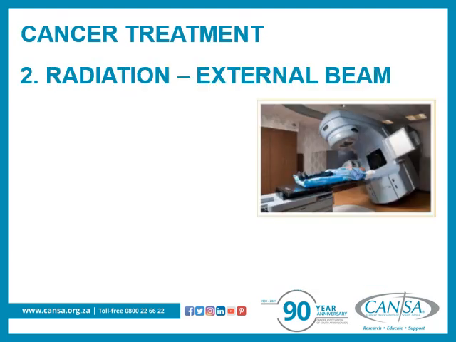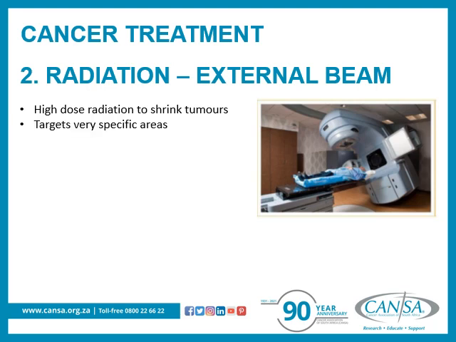The second type of treatment we will look at is called external beam radiation therapy. Now, radiation therapy, which is also known as radiotherapy, treats cancer by using very high doses of radiation to kill the cancer cells in order to shrink tumors. This radiation is projected onto a very specific area of the body, which has actually been marked out with a pen on the person's skin beforehand.